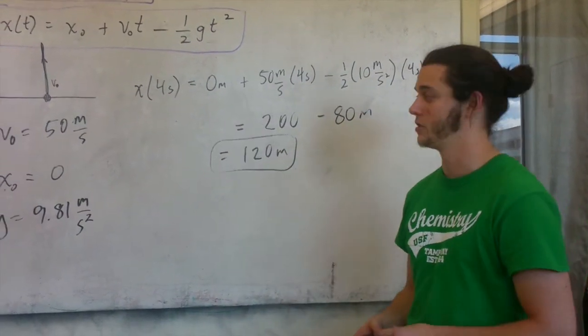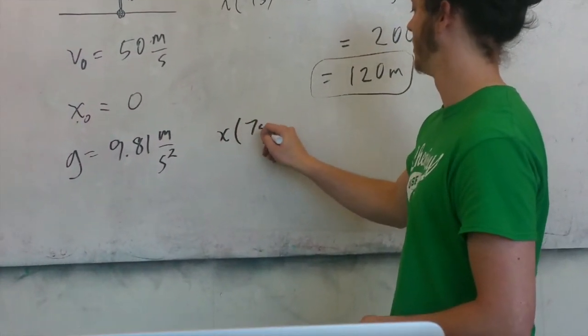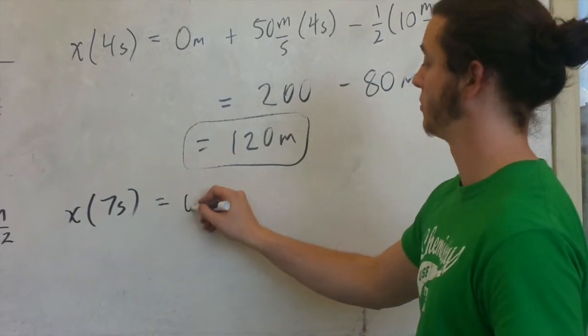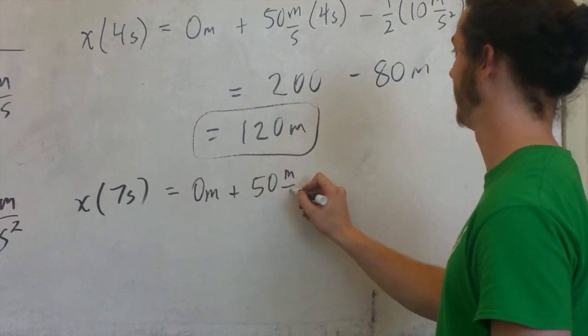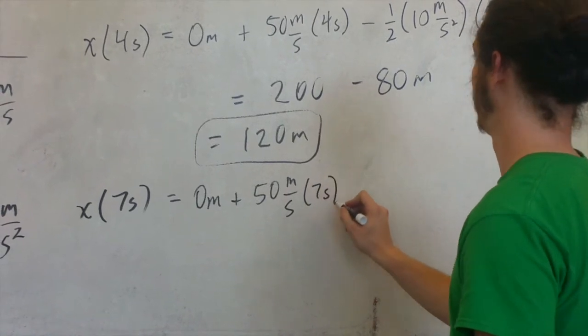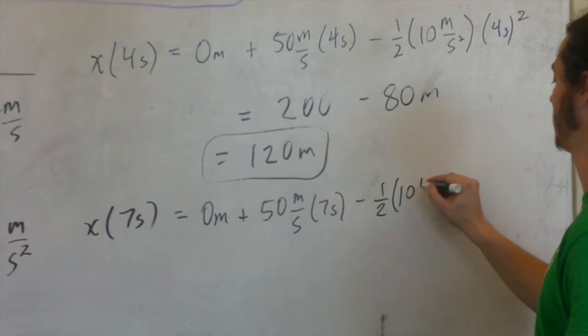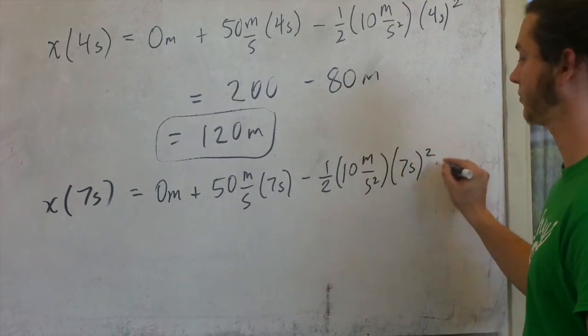Let's think about where it is at 7 seconds. So you give it even more time after the launch. So in this case, you would have initial position 0, plus initial velocity 50 times the time, minus 1/2 acceleration due to gravity times the time squared at 7 seconds.